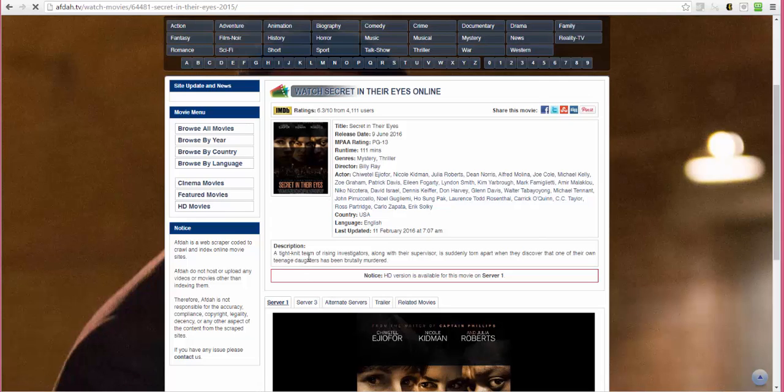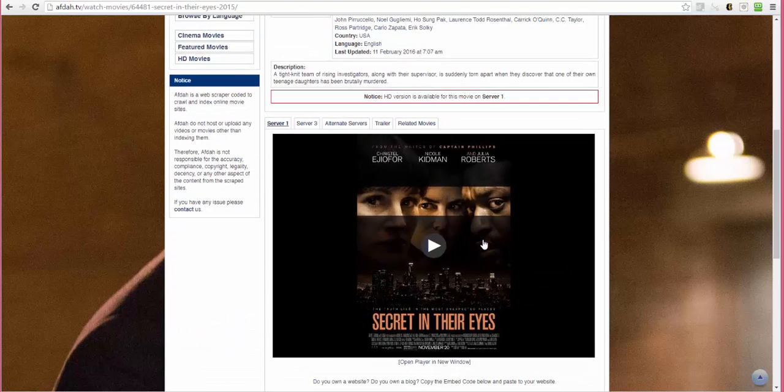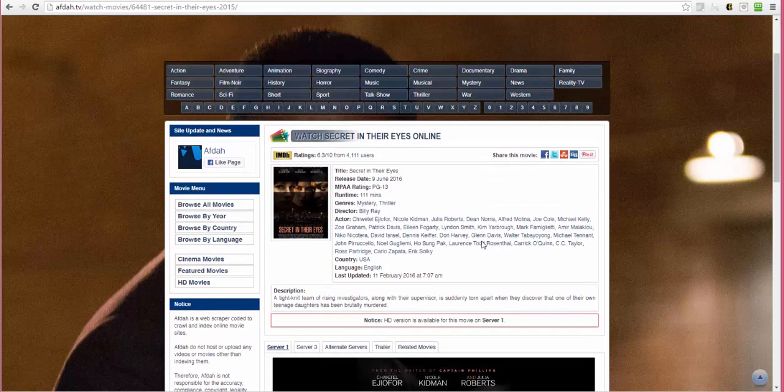A tight-knit team of rising investigators, along with their supervisor, is suddenly torn apart when they discover that one of their own teenage daughters has been brutally murdered, right? So, you could change this up to say something about a government squad of investigators is pulled to question when one of their teenage daughters has gone missing.